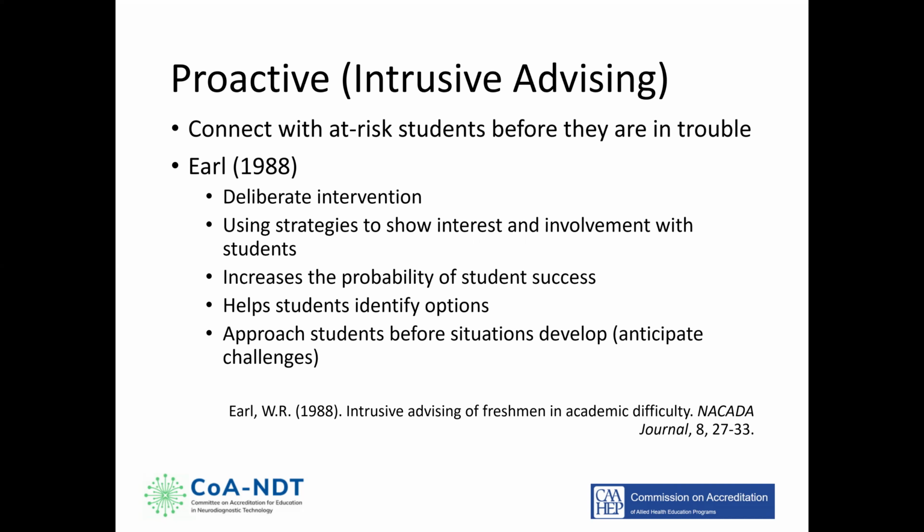One of the authors who writes a fair amount about proactive advising, and I particularly like an article from 1988, talked about how it's a deliberate intervention. You can have your college have all these overarching programs to keep students enrolled, because this is a big issue now for every college, that you want to retain your students.